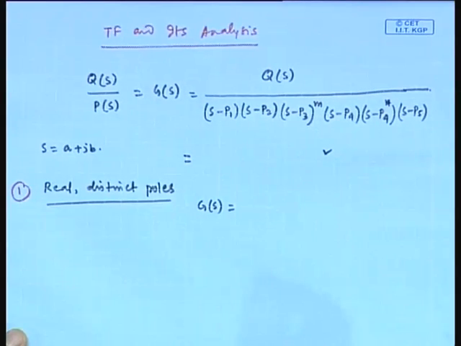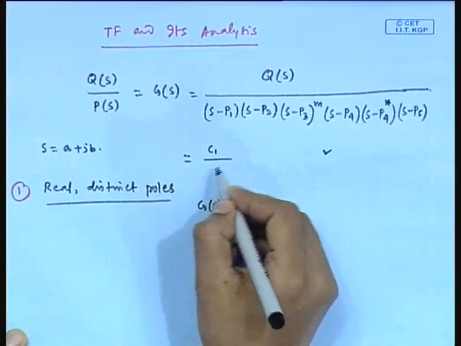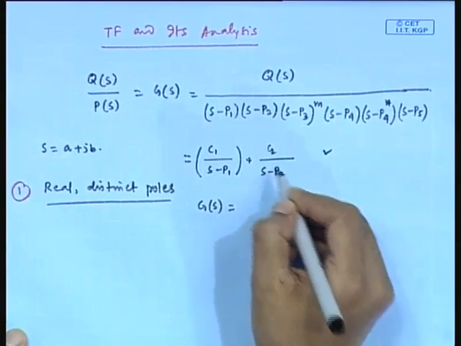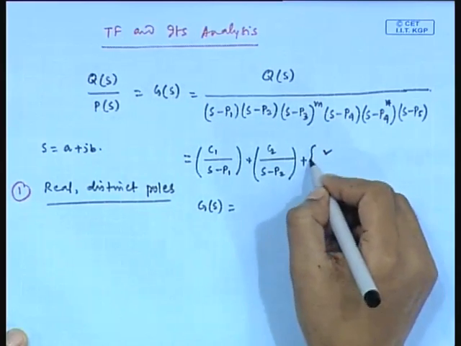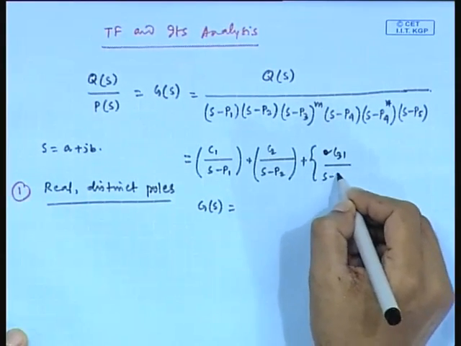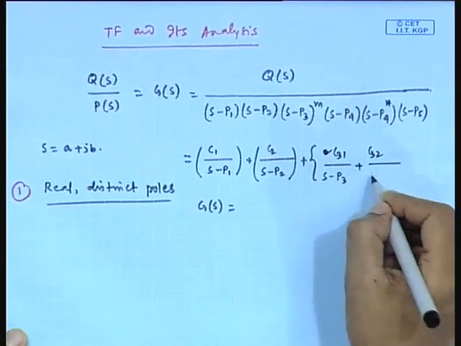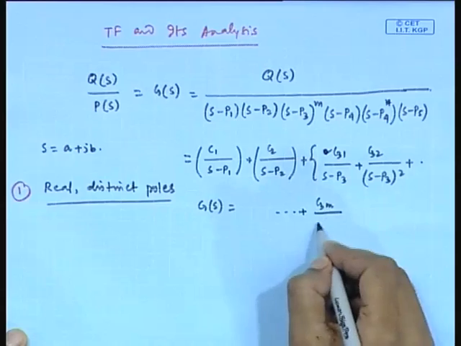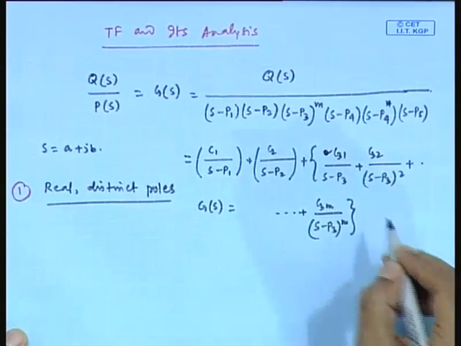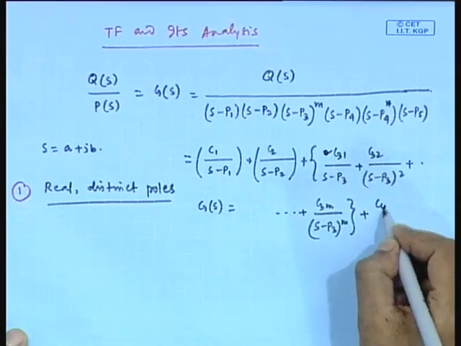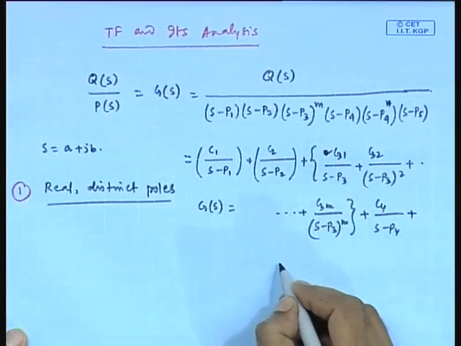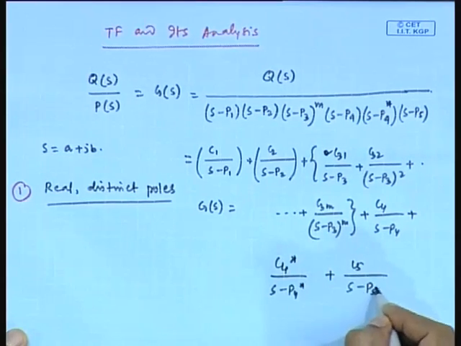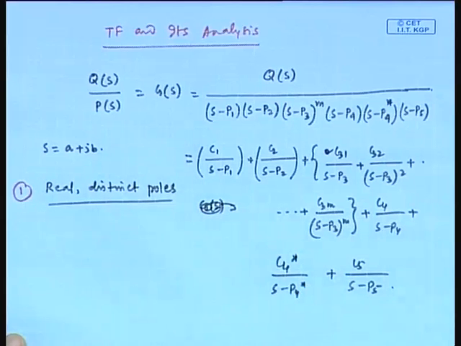So, we can write G(s) equals C_1/(s minus p_1) plus C_2/(s minus p_2) plus C_31/(s minus p_3) plus C_32/(s minus p_3) whole square, and so on, up to C_3m/(s minus p_3) whole to the power m, plus C_4/(s minus p_4) plus C_4 star/(s minus p_4 star) plus C_5 divided by (s minus p_5). Fine.